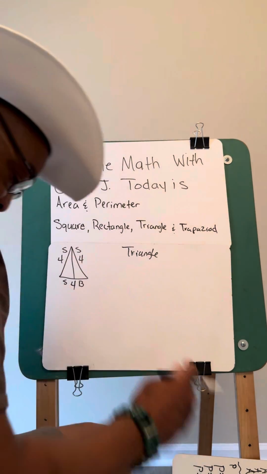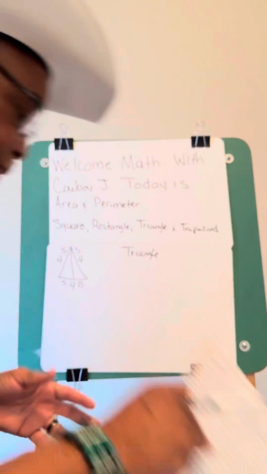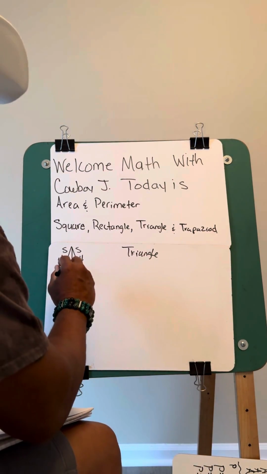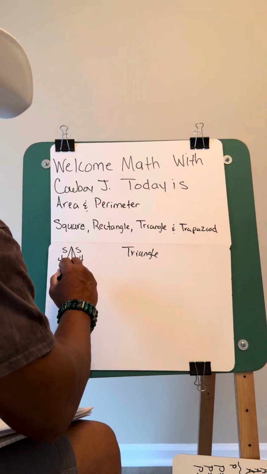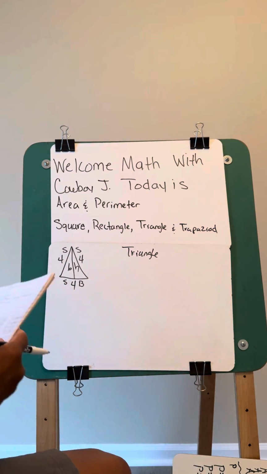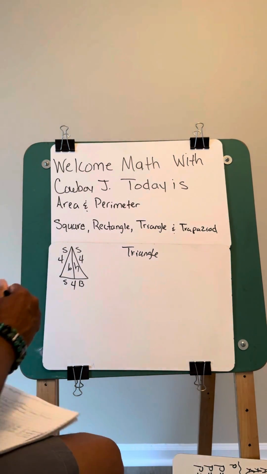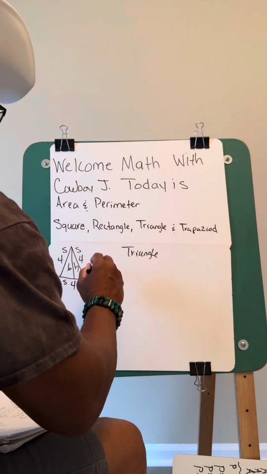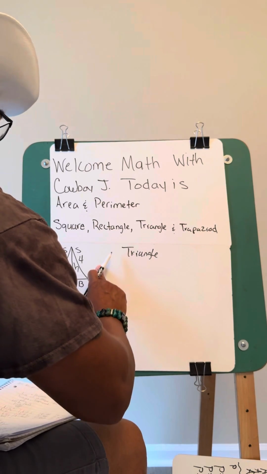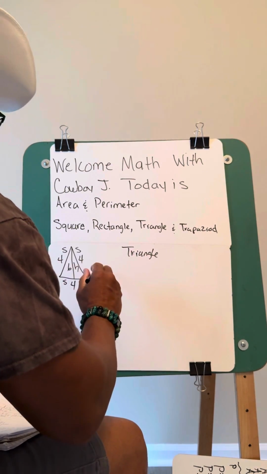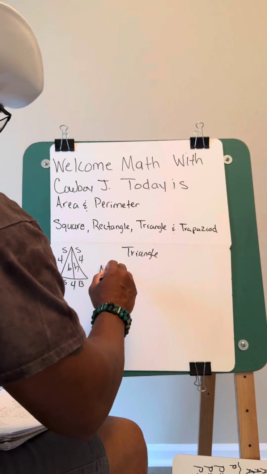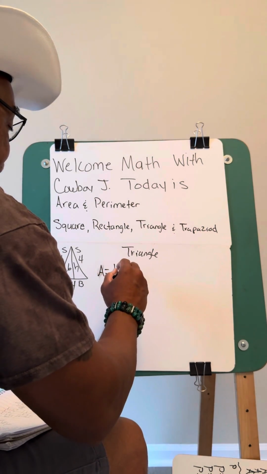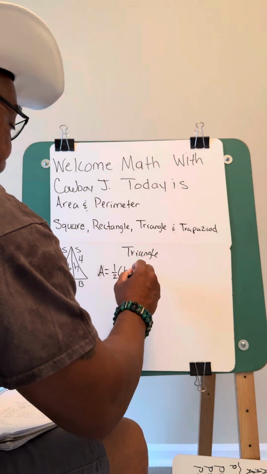I'm going to give it a height. We're going to give it a height of 6. Okay, so the triangle comes with the formula you'll see in the higher grades. It will say A equals half times base times height.